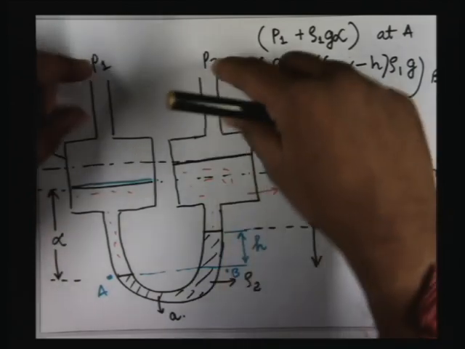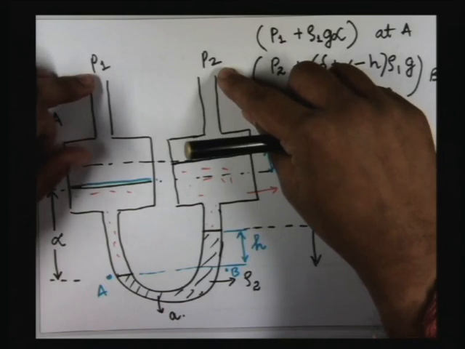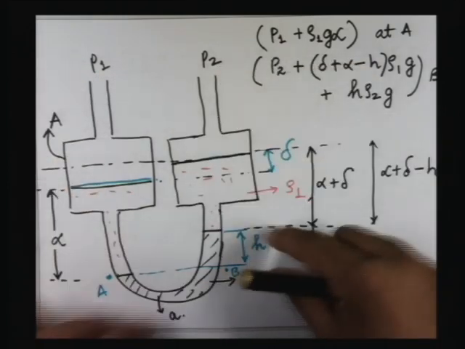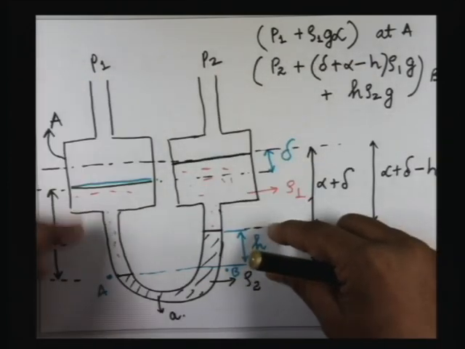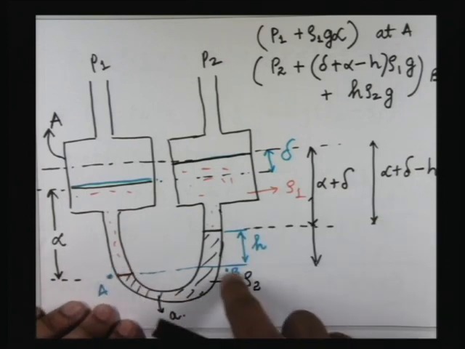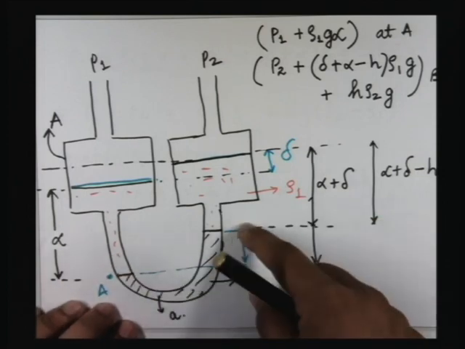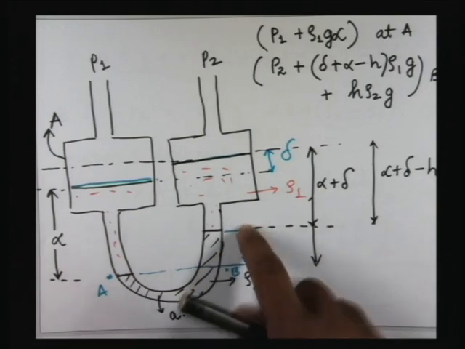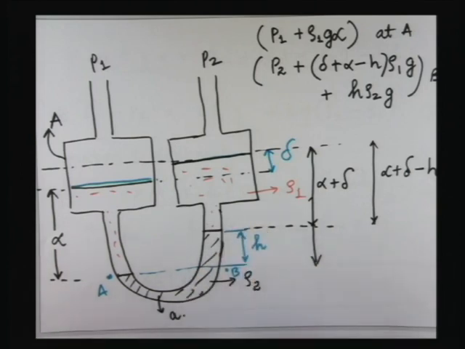When there's a differential pressure acting on the two limbs of the manometer, this liquid is pushed down, as a result of which there will be liquid pushed up in the limb. So in order to measure small pressure differentials, you ideally want a large H because the device sensitivity is defined that way.